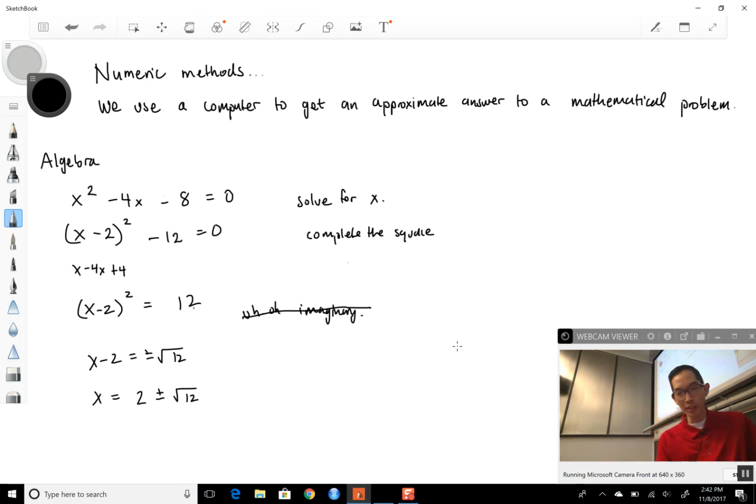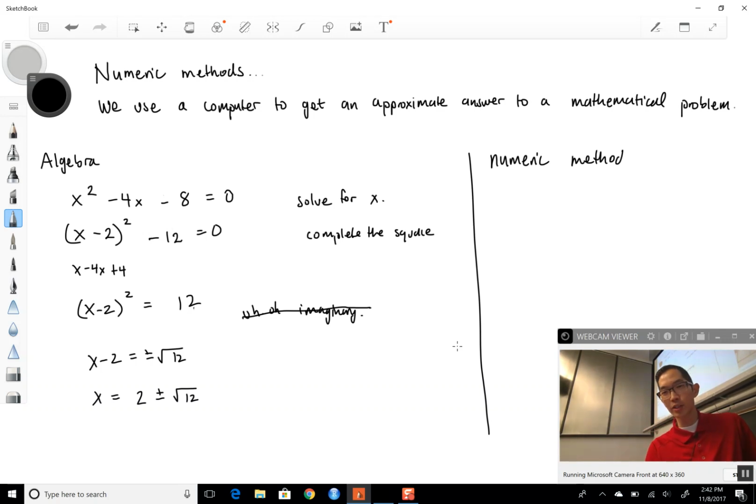So that's with algebra. Basically, with the numeric methods, we do something along the lines of, and there's basically better approaches, but one would be for root finding. You have several approaches, and one is just kind of like, let's plug in a value for x, and see what that equals.